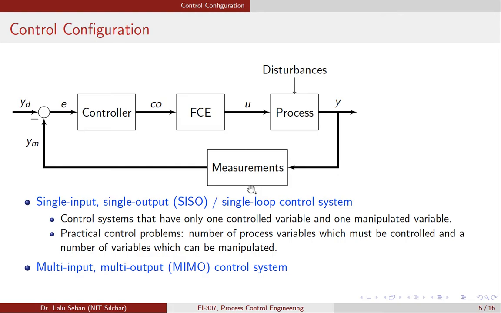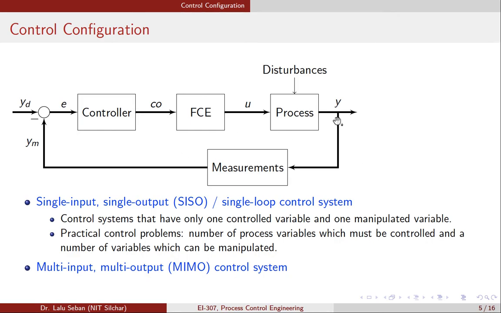Now this representation is very familiar to you already, those who have studied control systems. So this is a single loop control system, okay, where we have a process. Okay, it will get affected by disturbances, and we will have a final control element. There will be a controller, and there will be a measurement setup.